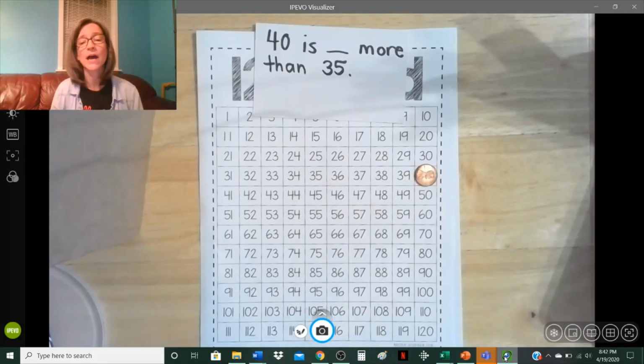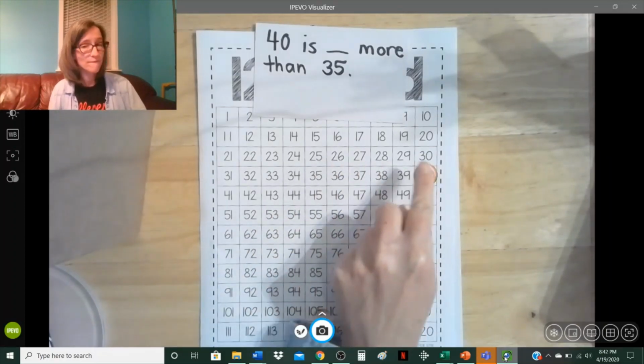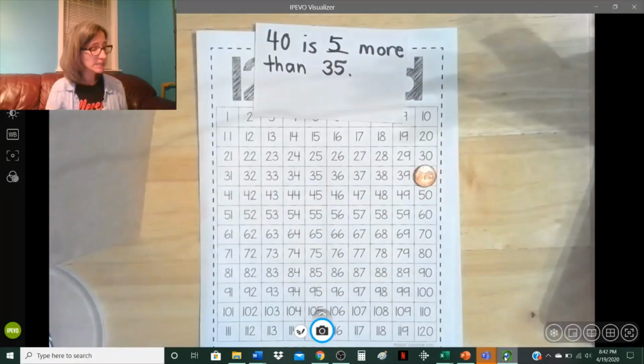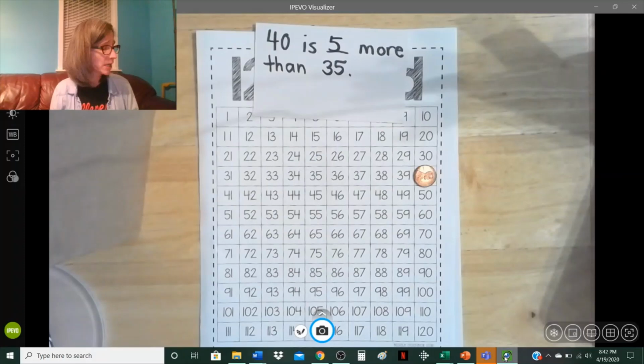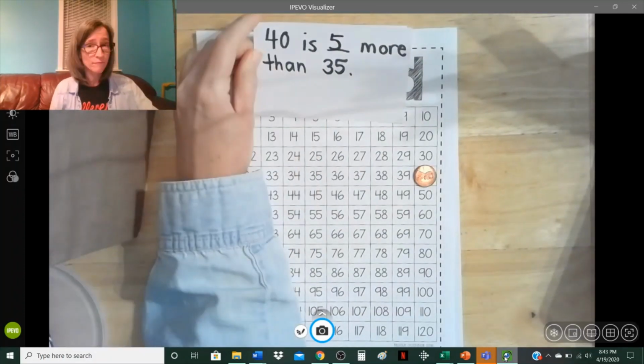How much would you have to move from 35 to 40? 40 is blank more than 35. One, two, three, four, 5. If you said 5, you are correct. It takes 5 hops to get from 35 to 40. 40 is 5 more than 35.